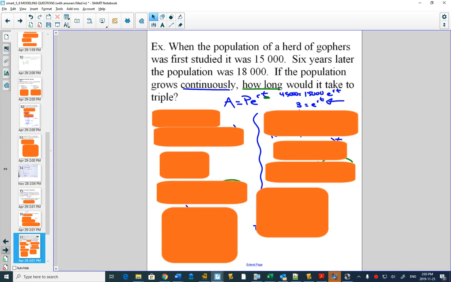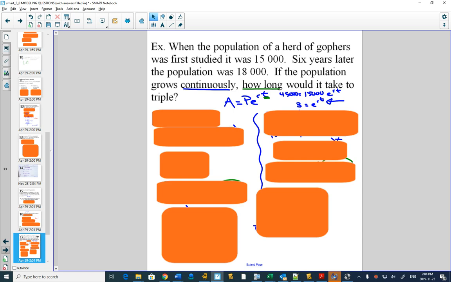So we want to find t, okay? And if you put in a number, I've got it here, 15,000, 45,000 e, we don't know r. You see the problem? We want to find t, but nowhere does it tell us what r is.